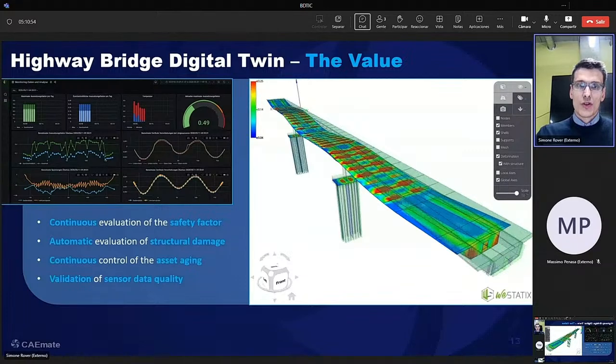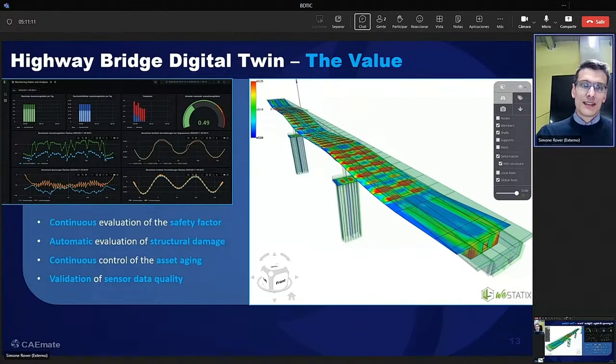Our system, which is currently working, is able to assess the safety factor, which is an essential parameter for an asset owner, and could automatically evaluate any damage that could occur to the structure.